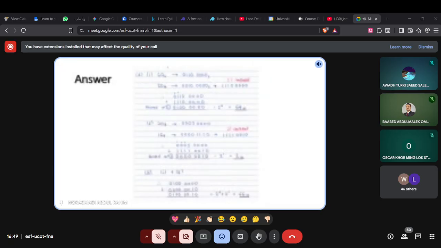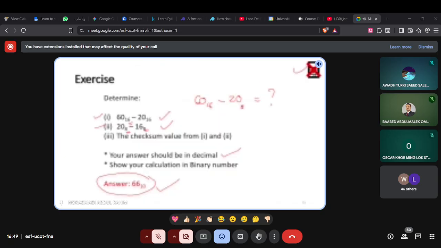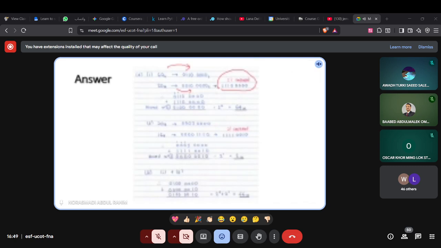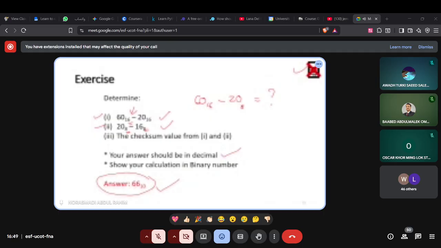From this one, convert to binary. This one also convert to binary and apply two's complement. Why? Because of the minus in the question. I can write it again here, 60 plus minus 20.